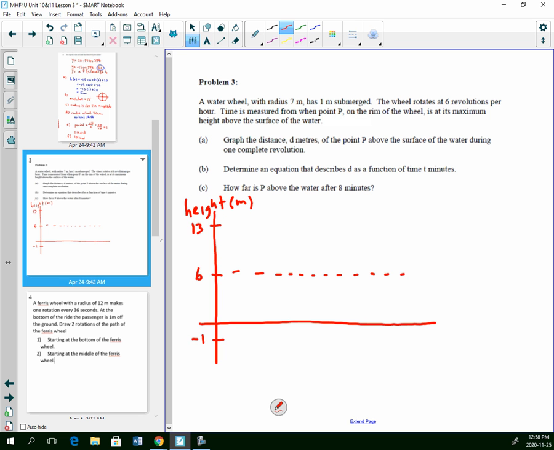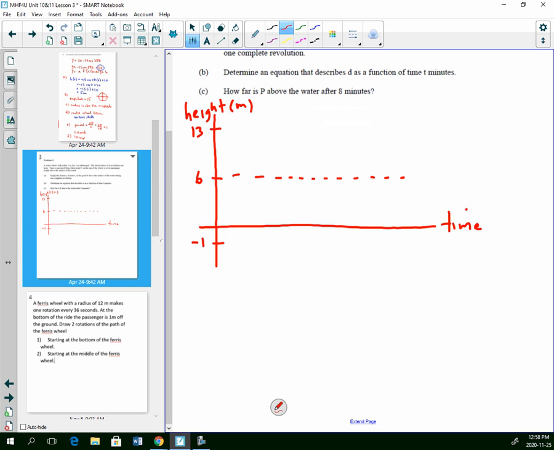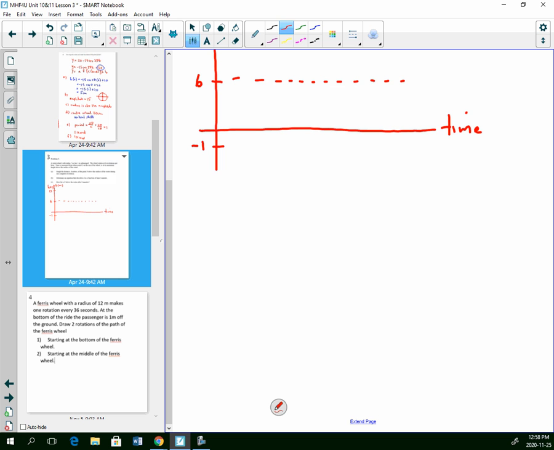On the x-axis, which is time, you can do time in 2 ways. This one says the wheel rotates at 6 revolutions per hour. So we could do it in minutes or hours. If I do it in minutes, and either answer is fine, it's 6 revolutions per hour or per 60 minutes.